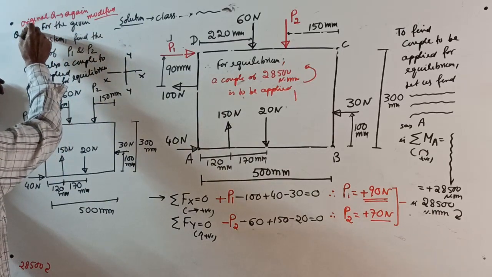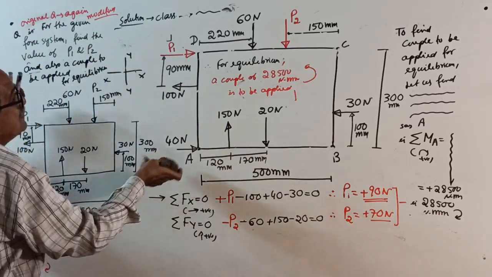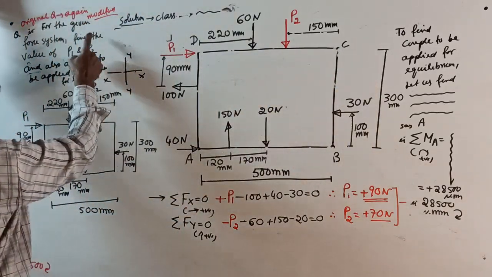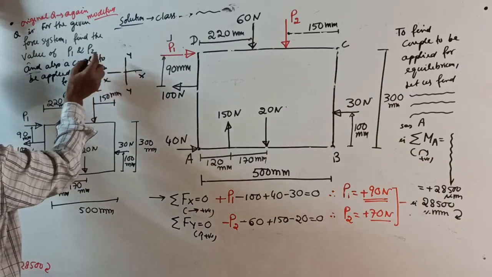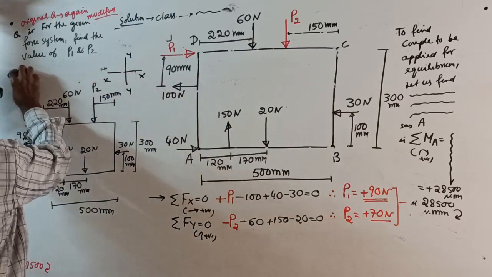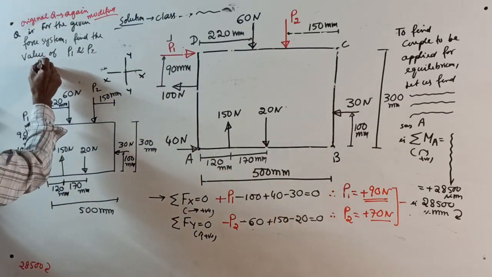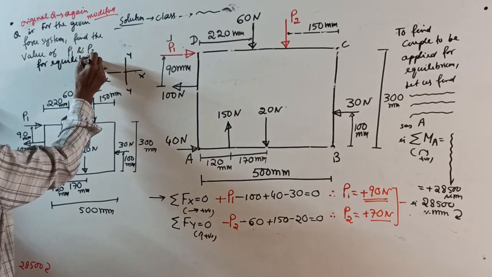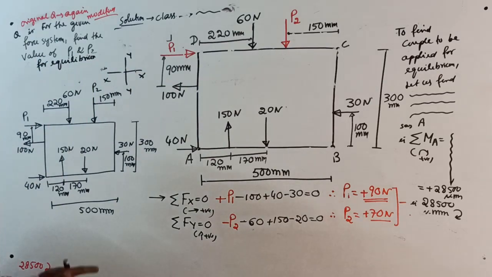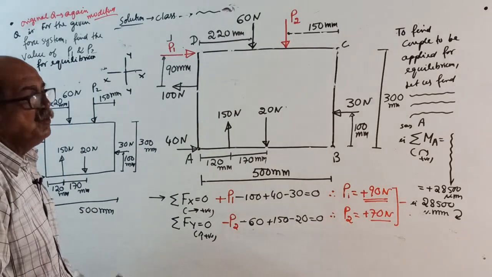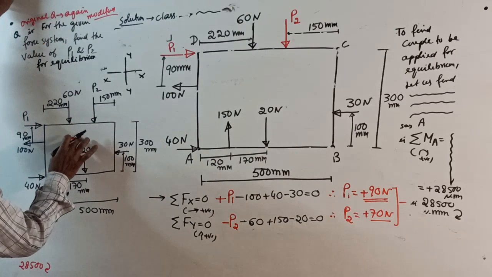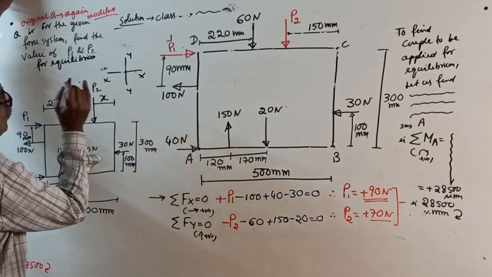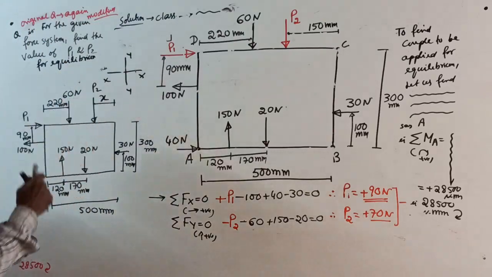The modified question is: for the given force system, find the value of P1 and P2 for equilibrium. Now I am writing the question: X is unknown.